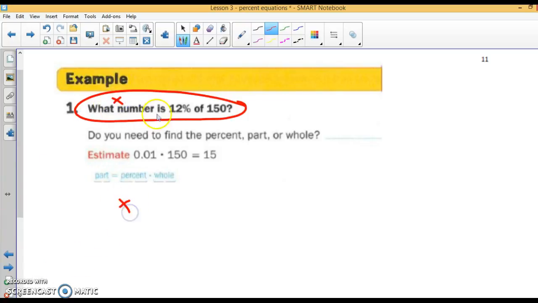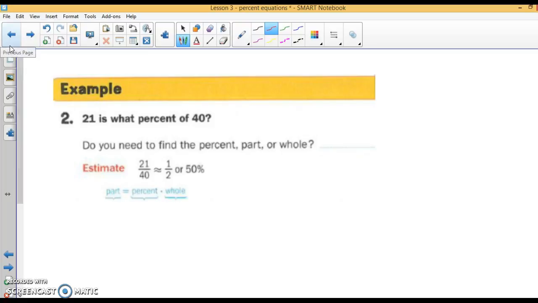So x equals 12% of 150. Done. Of means multiply. So if you multiply this, you will get x is 18. Make sure you change your 12% to a decimal. You would get the same exact thing if you set this up as a percent proportion, but it's just quicker this way.